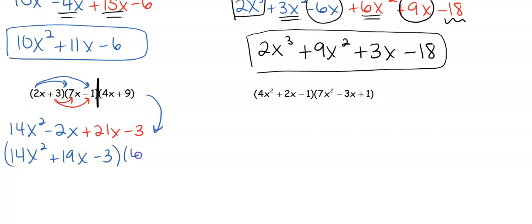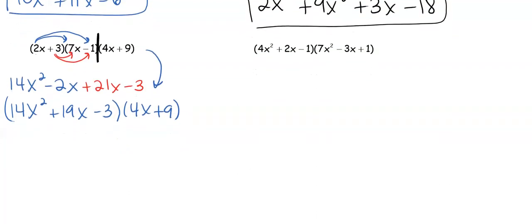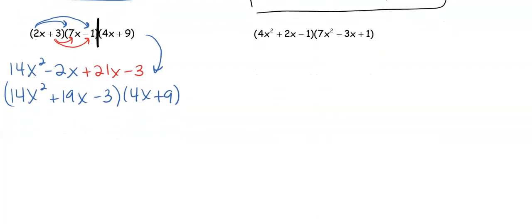Now I've got to multiply by 4x plus 9. And again, it's just about distributing. So I distribute 14x squared times 4x to give us 56x cubed. 14x times 9, that's 126x squared.